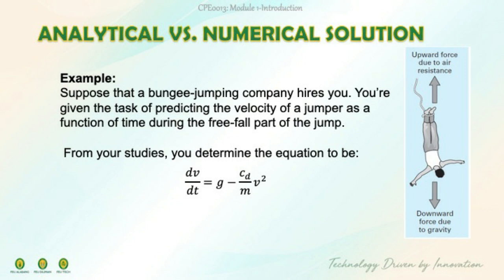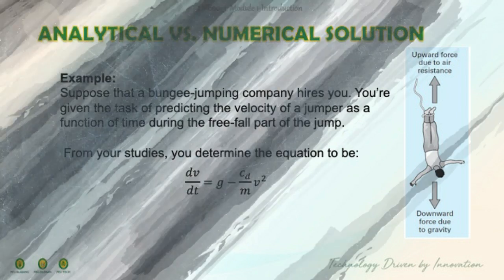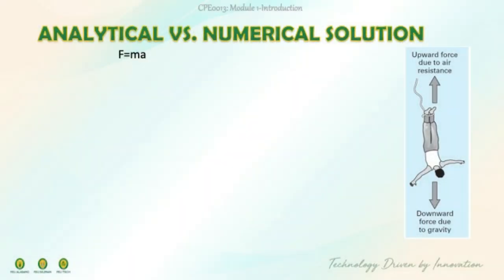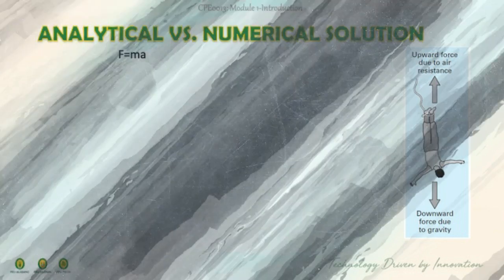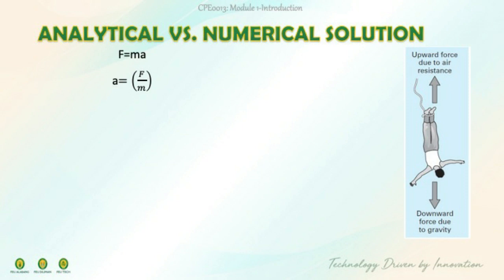The mathematical expression or model of the second law is the popular one, F = ma, where F is the net force acting on the body in newtons. To get a, we just divide both sides by m. Therefore a, which is acceleration, is equal to F over m.